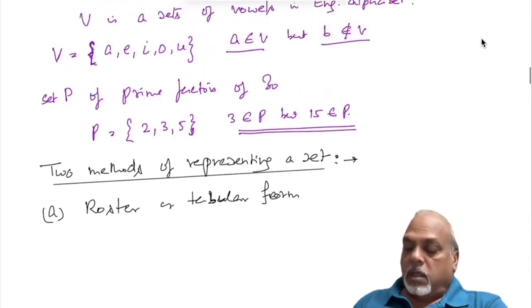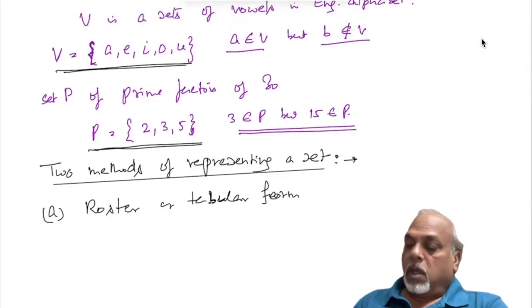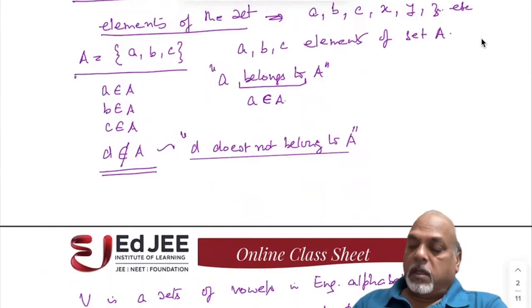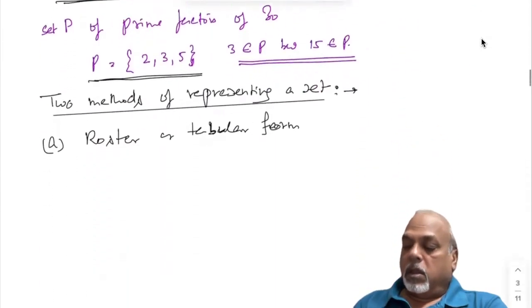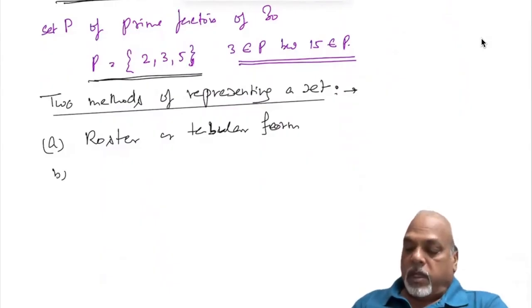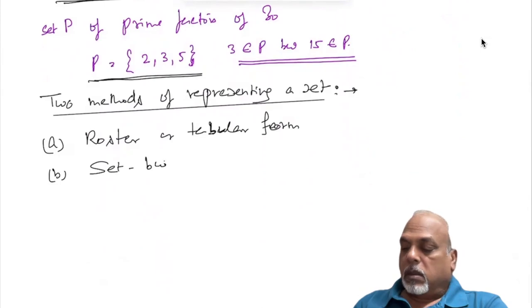As we have seen here, this is the roster form. Whatever sets we have written above, these are all roster form. Another method is set builder form.